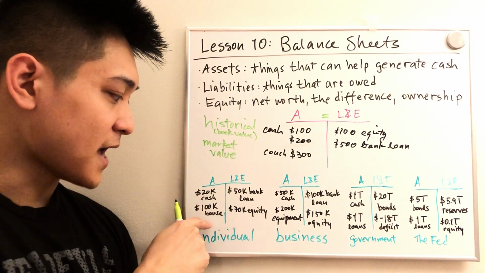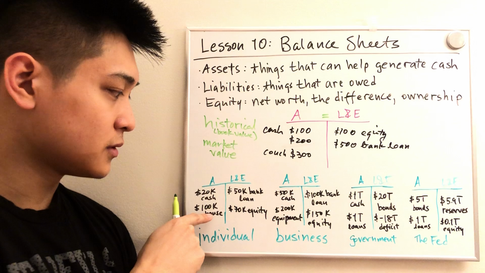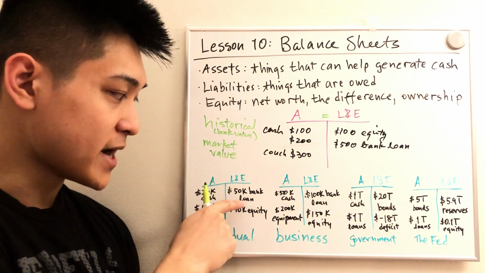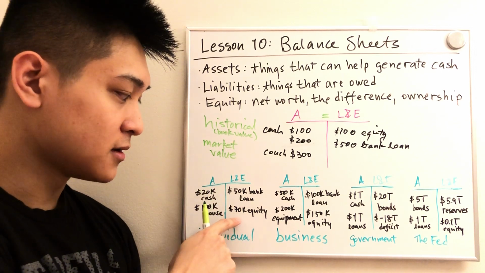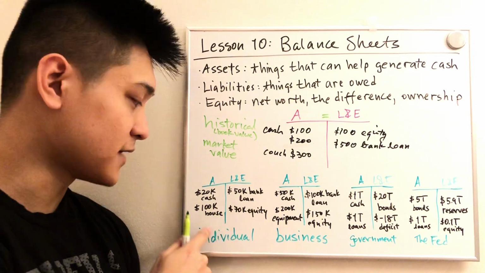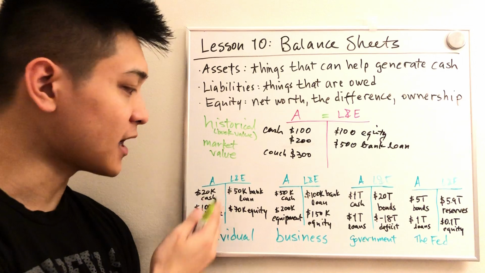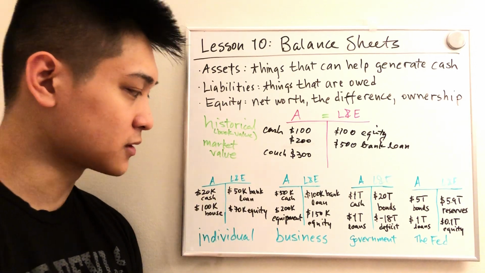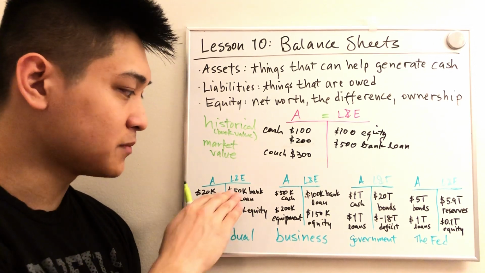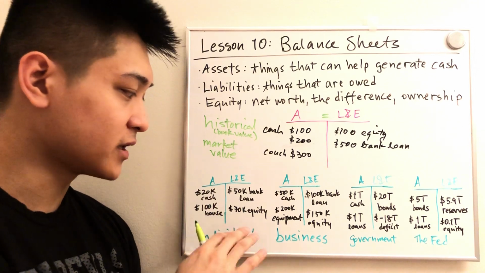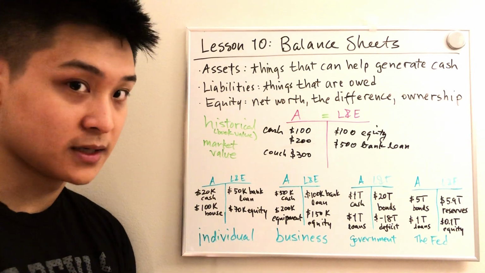So if the house were to increase in value, I don't owe any more to the bank. That means my equity increases, because if I could sell the house and get the cash at the market value, I make the same $50,000 payment back to the bank. I'm free and clear, and I own the rest of the cash outright.